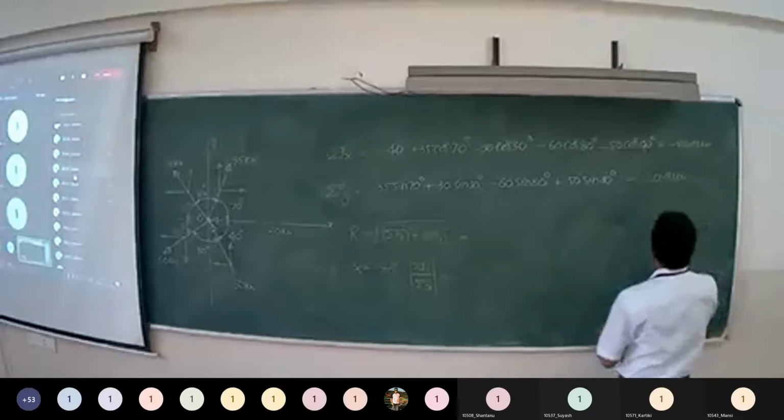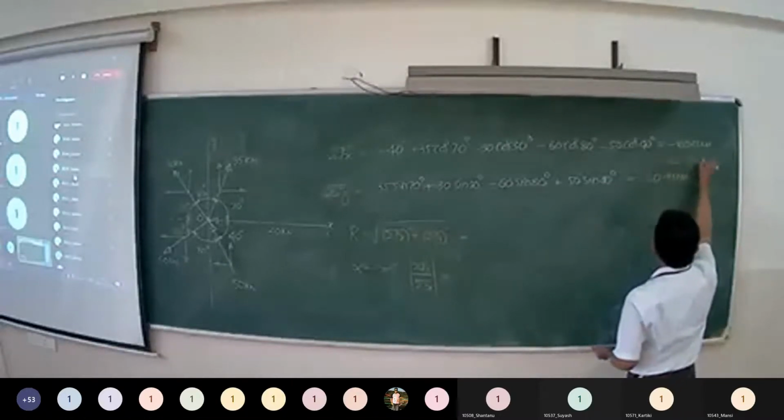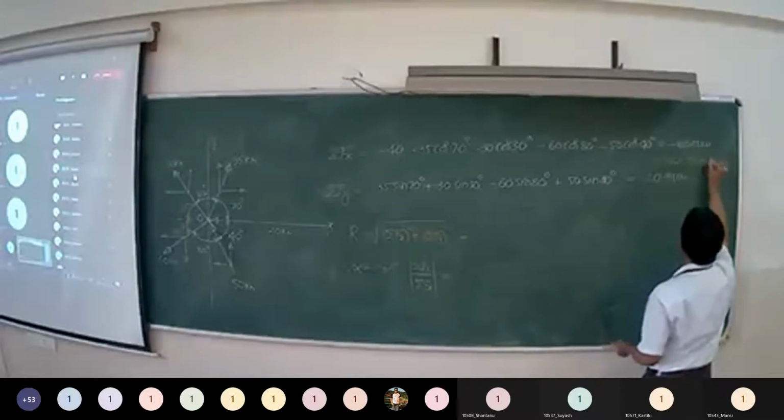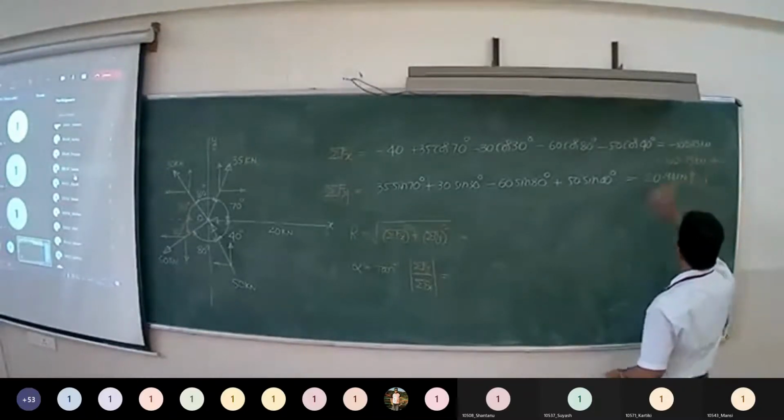So here summation Fx is minus 102.73, which means it is acting towards the left, whereas summation Fy is upwards.